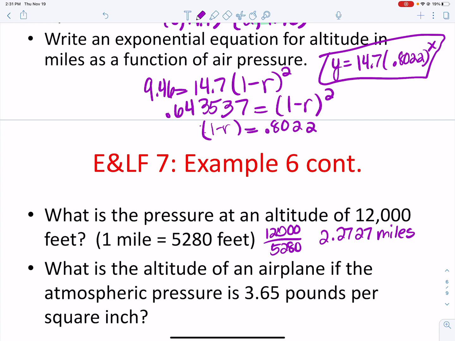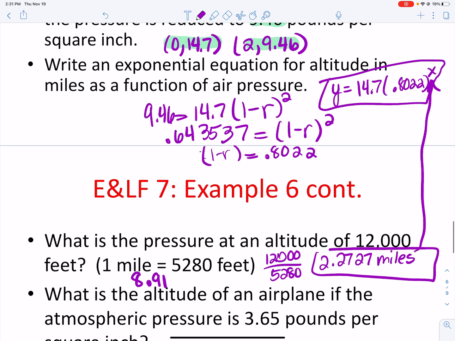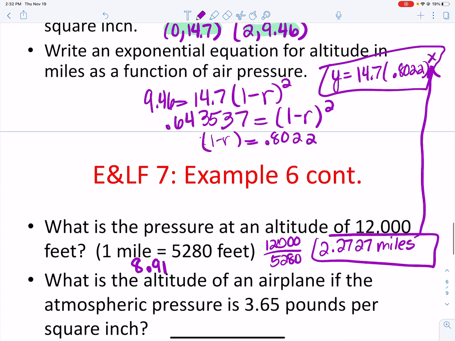I'm going to take this and put it into my x in the equation, because that's what my miles is. So 14.7 times 0.8022 to the 2.27, and I ended up getting 8.91 pressure. What's the pressure measured in? Pounds per square inch. Okay? And so that was my answer for that one.